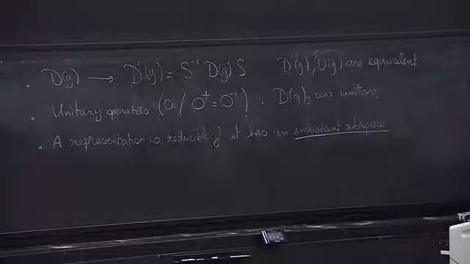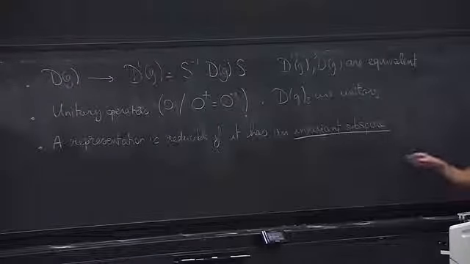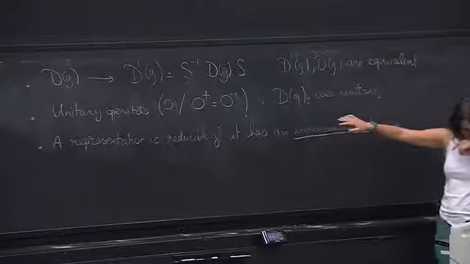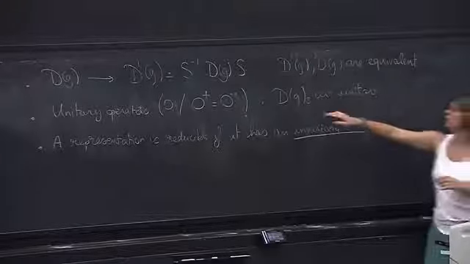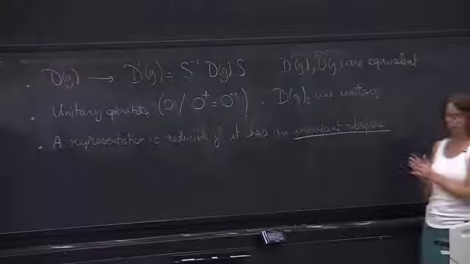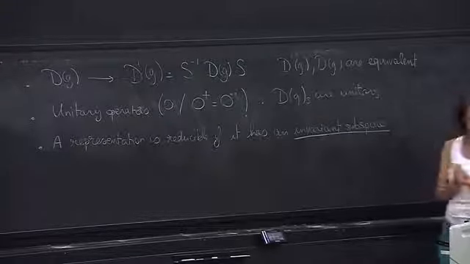So what is an invariant subspace? This means that the action of any D(g), the representation, on any vector in the subspace is still in the subspace. Okay?